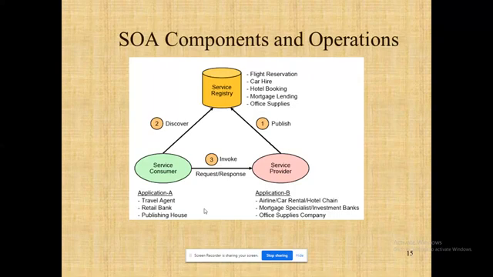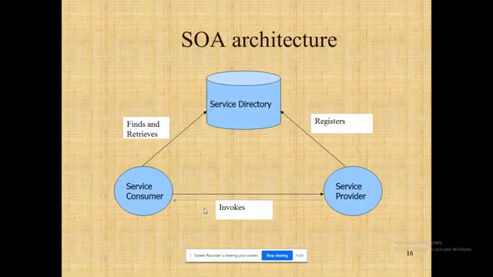There is no need to force things in one way. So choreography for the usage of services has been left to the consumer's point of view. That's where SOA components and operations have a major role.